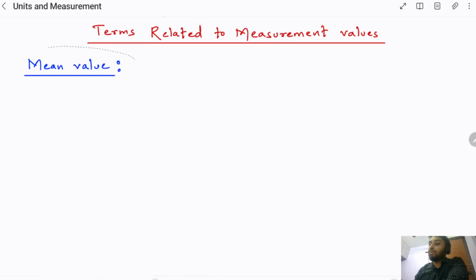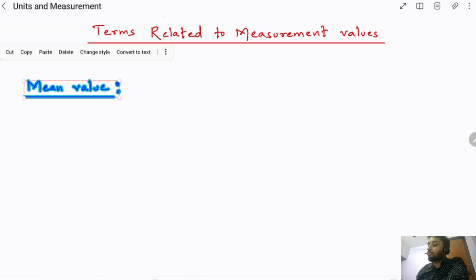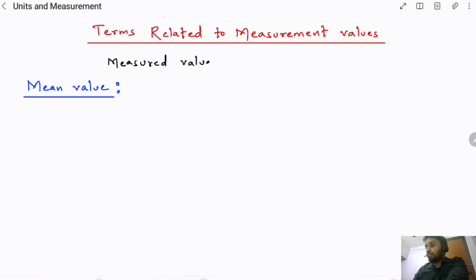So for example, suppose the measured values are a1, a2, a3, so on to an.